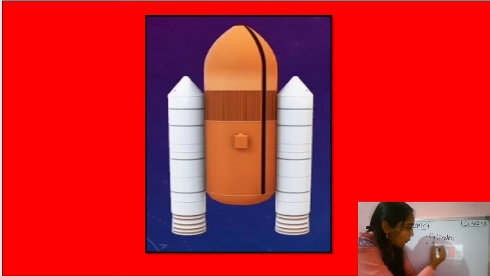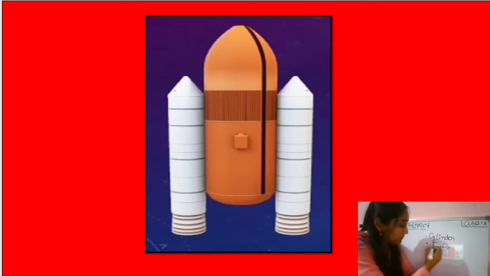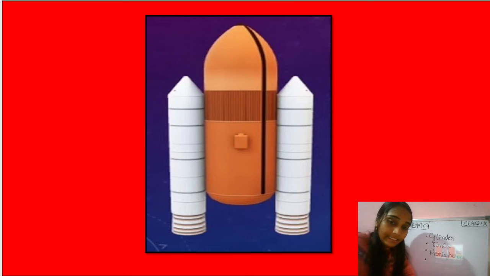Yes, you can also see cones also. And what else are you able to see? Which are the different solids? Yes, ma'am, hemispheres also we can see at the bottom of this rocket. And yes, you see we have a cube also in the center. We have these cubes also.